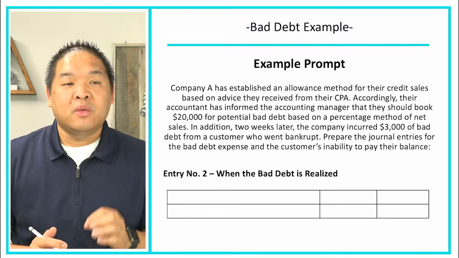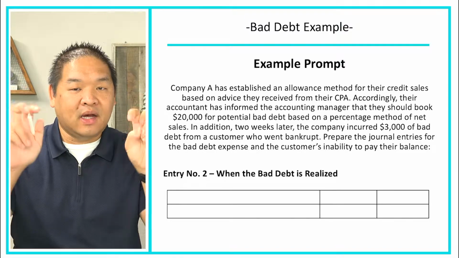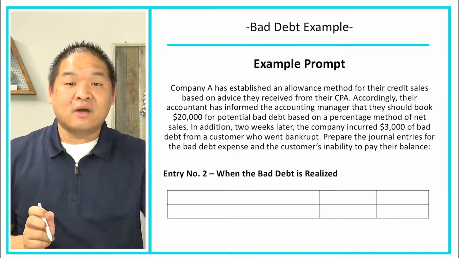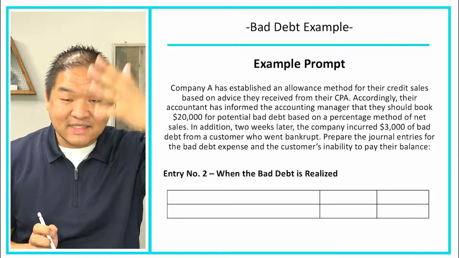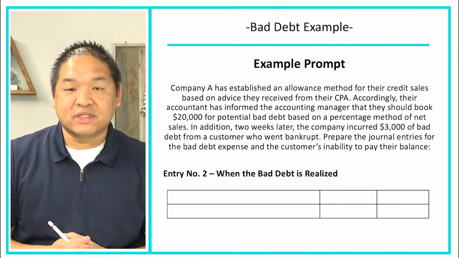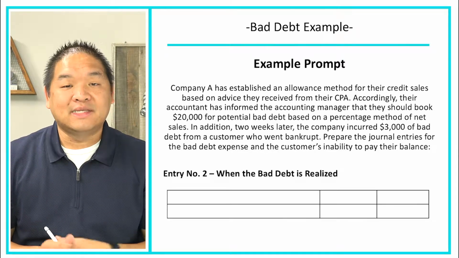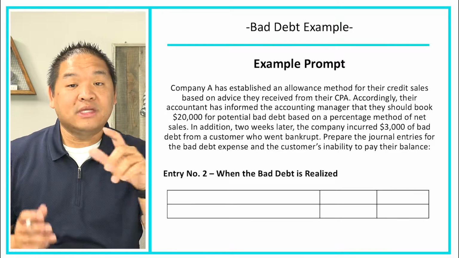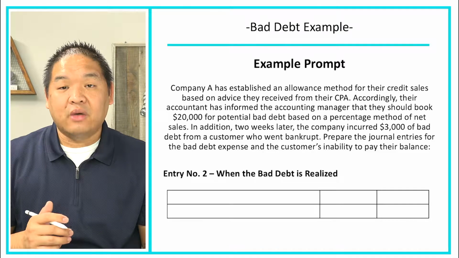To do that, we pretty much have to take the money, although it's not money, out of the allowance jar, and we're going to extinguish their accounts receivable. So to take it out of the allowance: to put it in, we did a credit, so to take it out, we do the opposite.